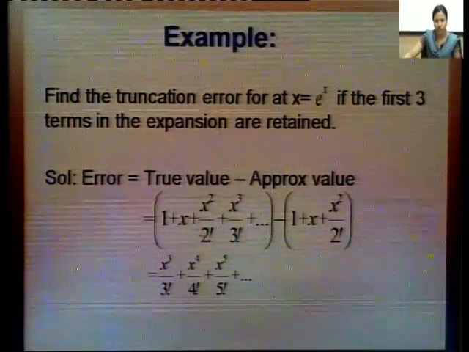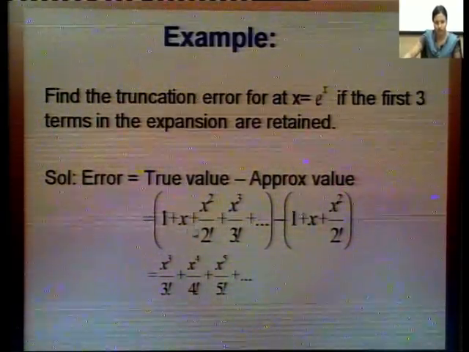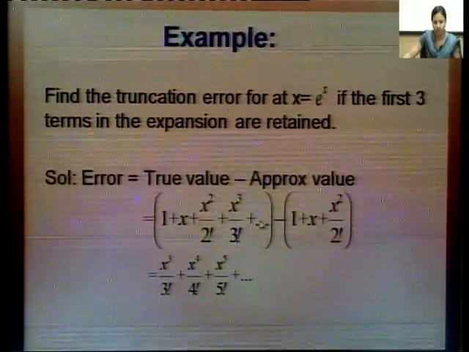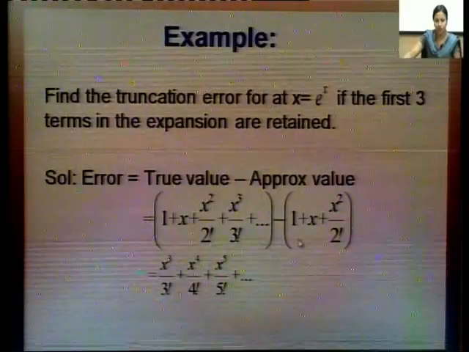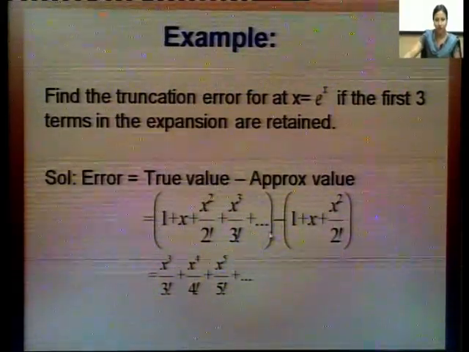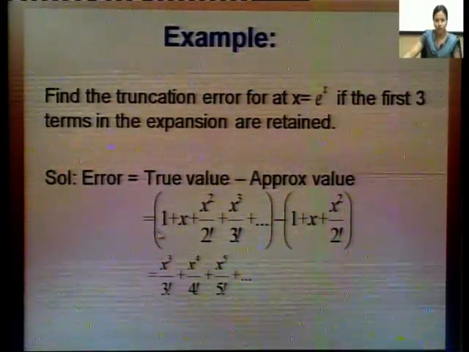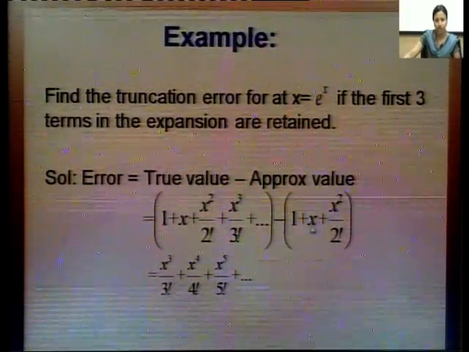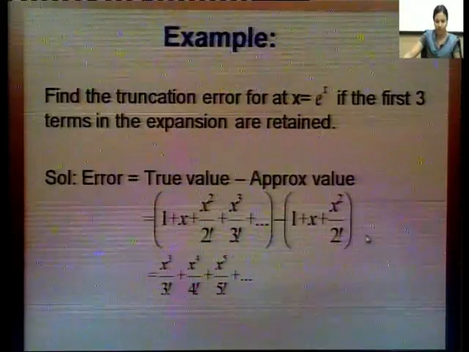Its expansion is 1 plus x square by 2 factorial plus x cube by 3 factorial plus x4 by 4 factorial and so on, minus, if we are taking three terms, the first, second and third terms. So these all are three terms.